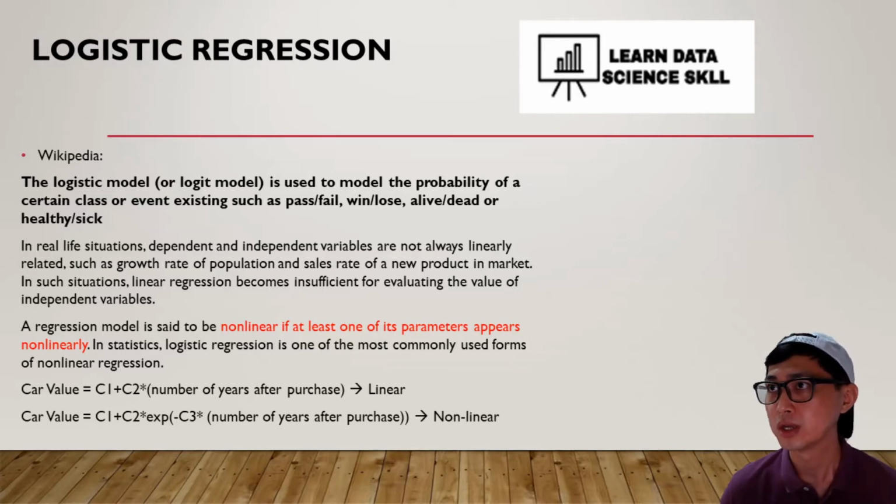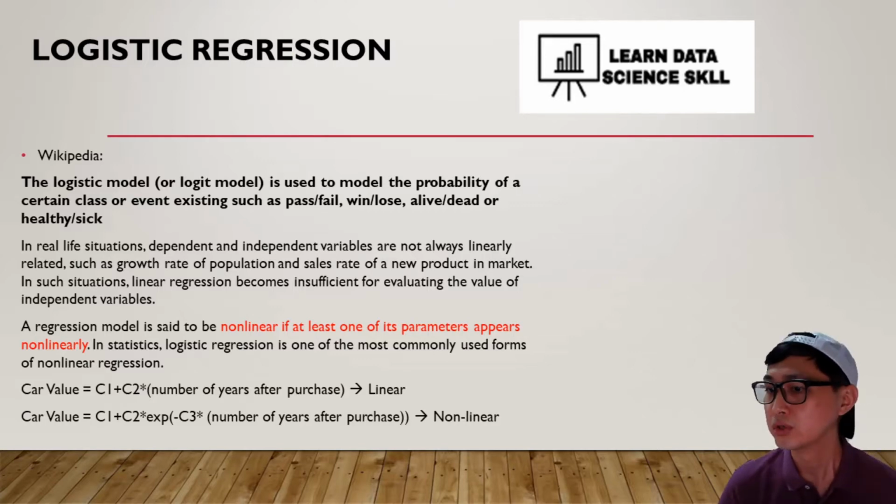That means they are either true or false. So in logistic regression you can put in different kinds of independent variables, whether continuous or categorical, but the outcome is always a categorical outcome in binary form. In our example later, we will predict whether a person will leave a company or not, which is will leave or will not leave.